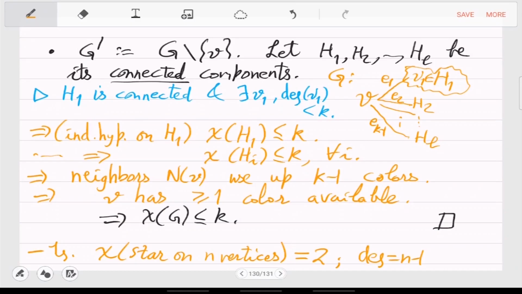So you can take n to be 1 million, still the chromatic number is only 2.